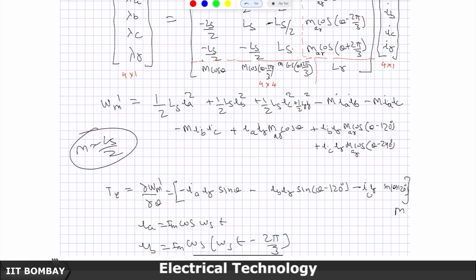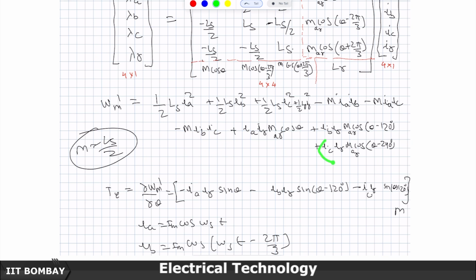So IA IR MAR cos theta, then IB IR MAR cos of theta minus 2 pi by 3, and that is the peak. MAR represents the peak mutual inductance that can happen between any stator winding and the rotor winding.